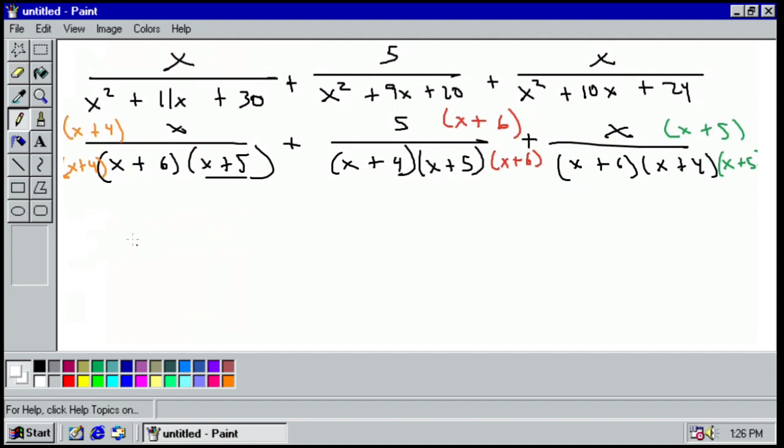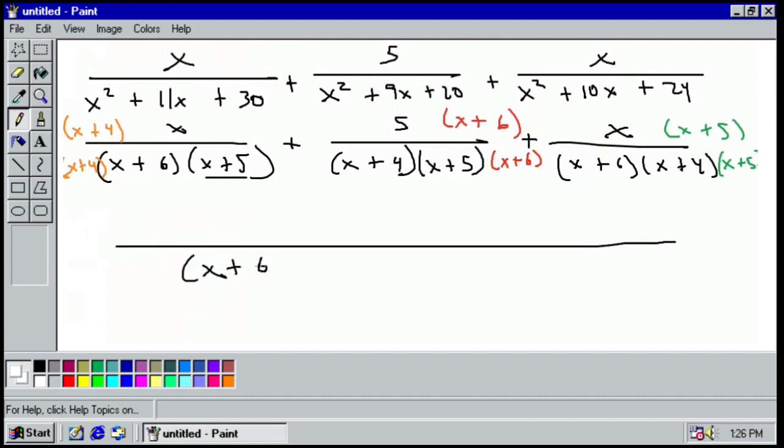We have x plus 6, x plus 4, don't need a plus sign, x plus 4, x plus 5, x plus 6.